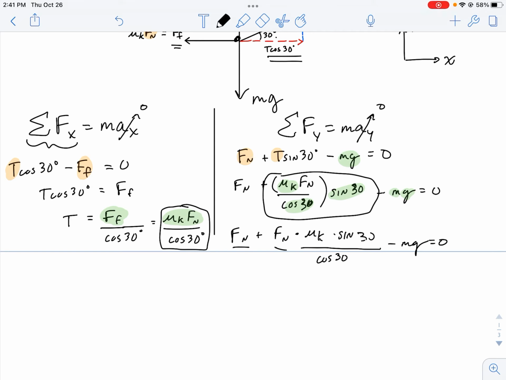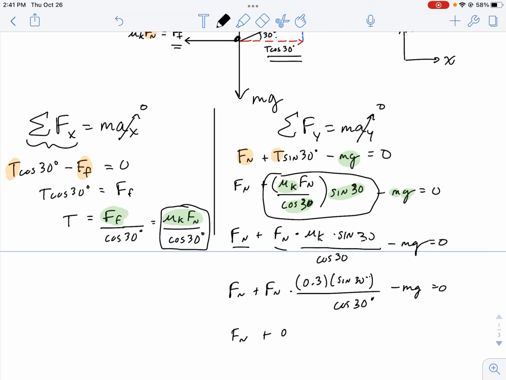Now 0.3 times sine 30 divided by cosine 30 equals 0.173.